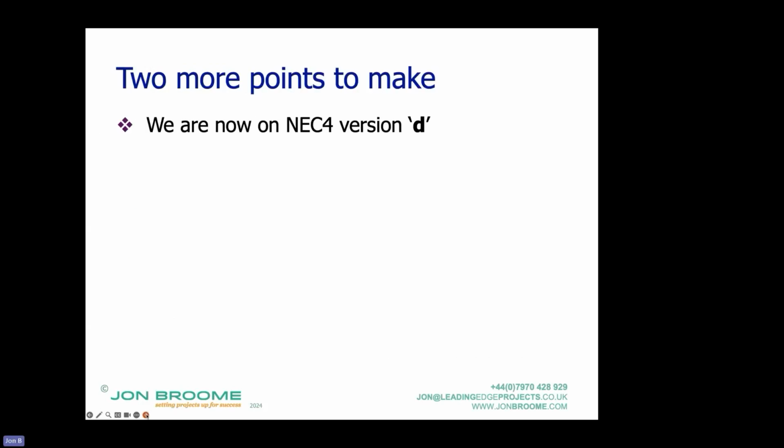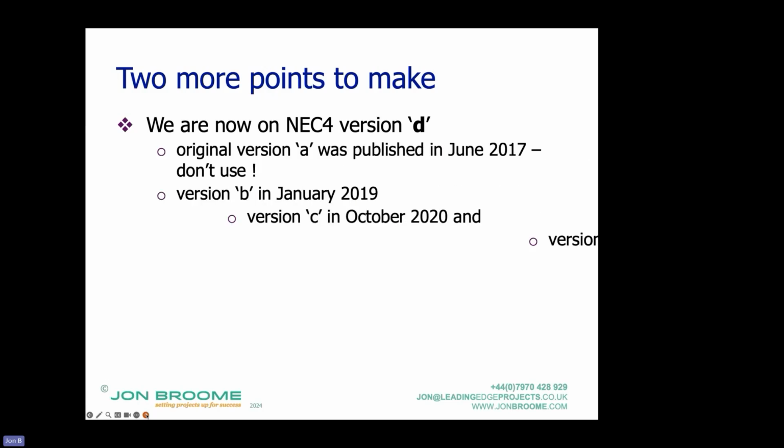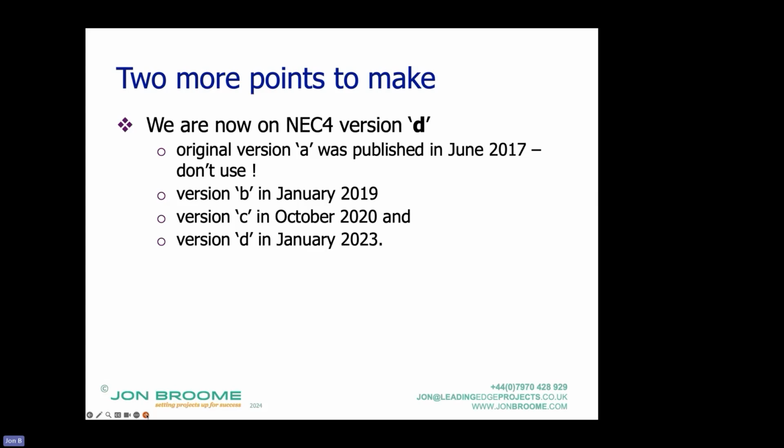So 2 more points to make. We are now on NEC4 version D. Why version D? Because they brought out some amendments, and you can see the dates there. Whatever you do, don't use version A, I would say. The reason for that is when it came out, I did a webinar, or 2 webinars for the Association for Project Management called NEC4, the Good, the Bad and the Ugly.